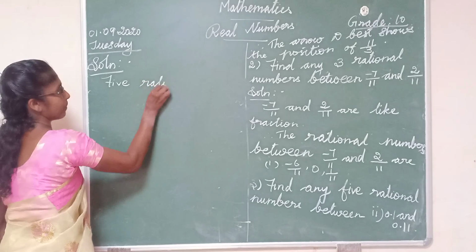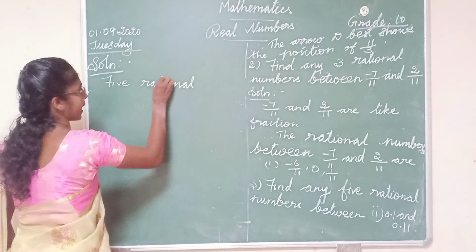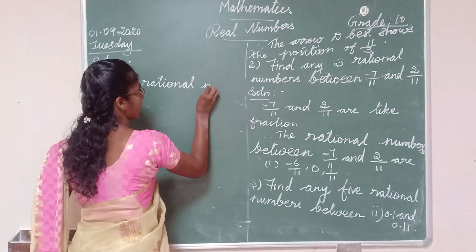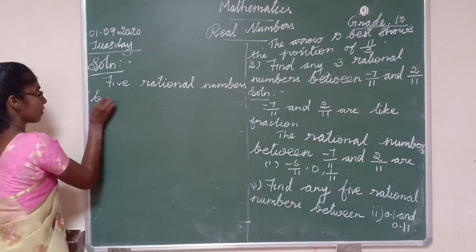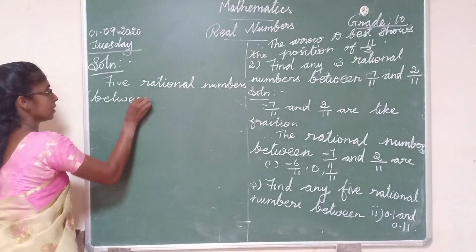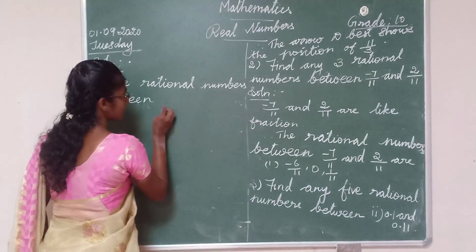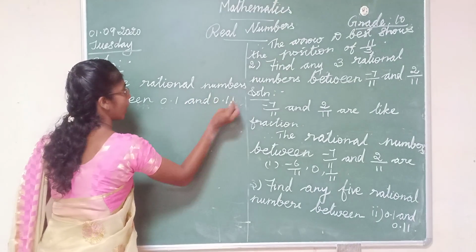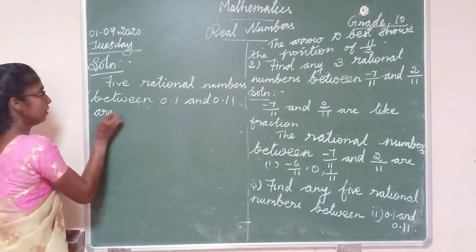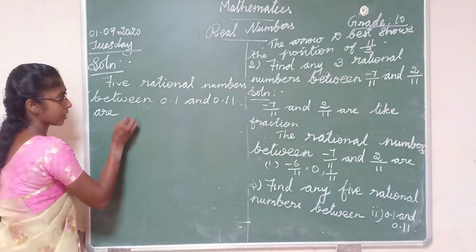Directly we can write 5 rational numbers between 0.1 and 0.11. Can you say that?